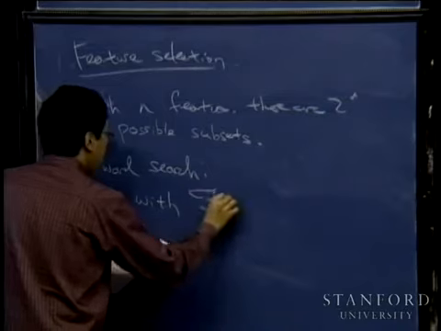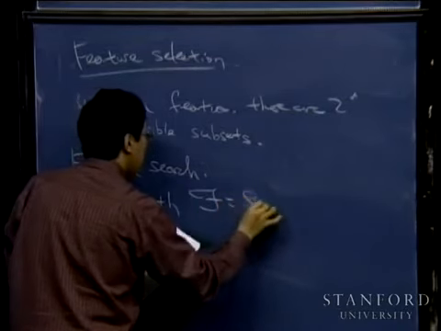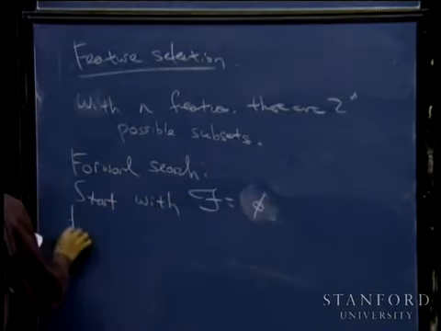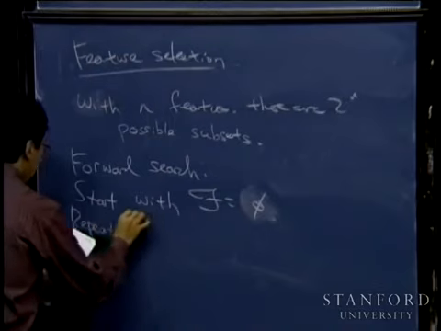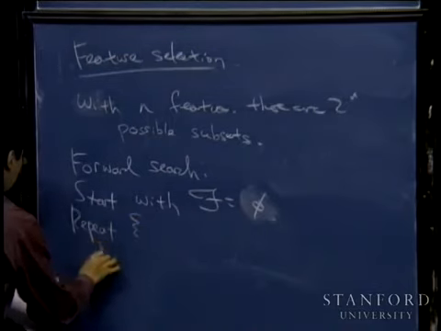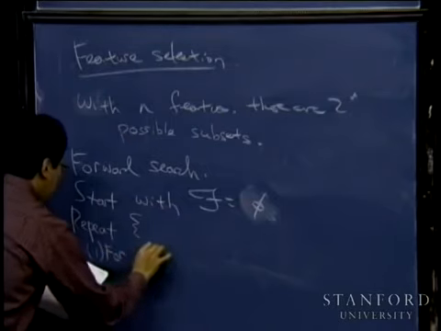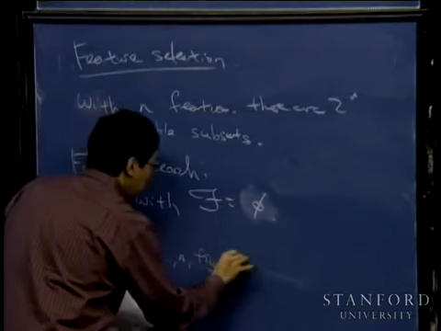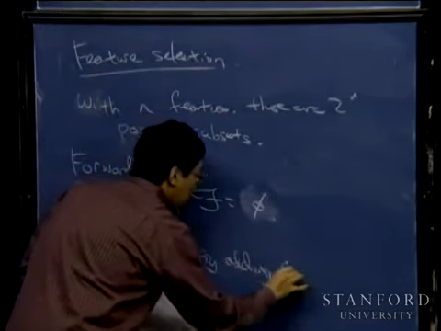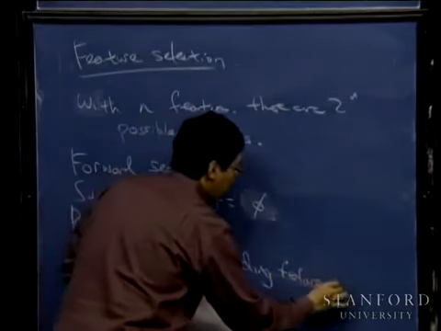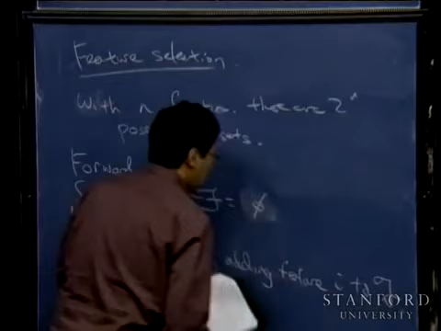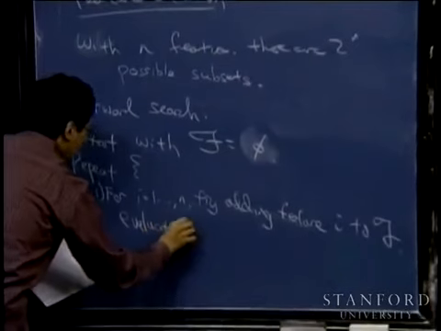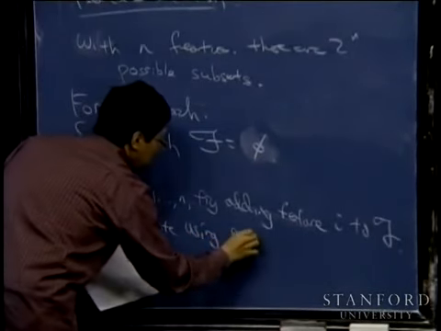It starts with: initialize your set script F to be the empty set, and then repeat: for i equals 1 to n, try adding feature i to the set script F, and evaluate the model using cross-validation.